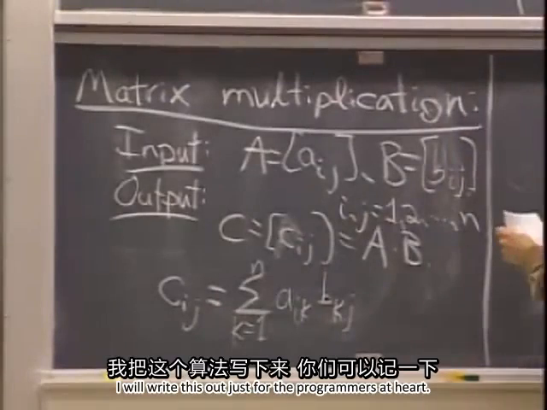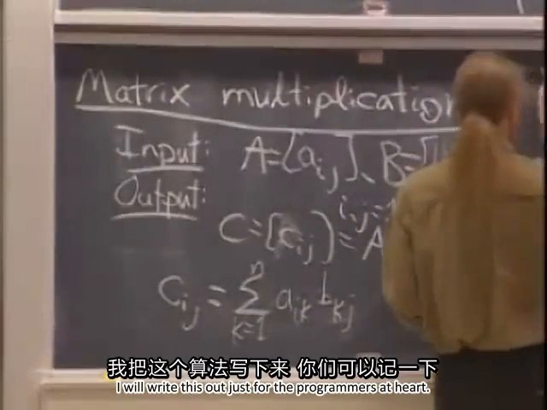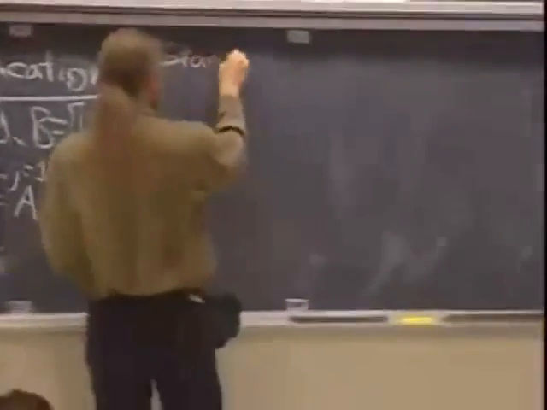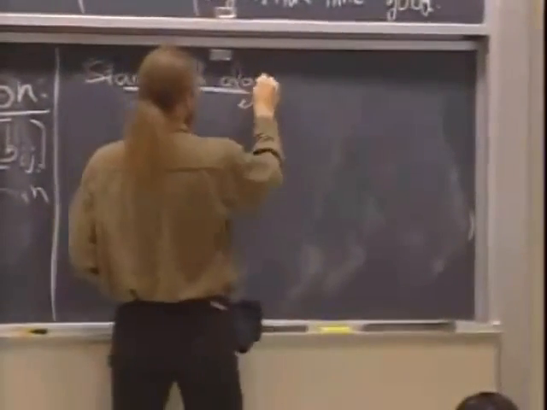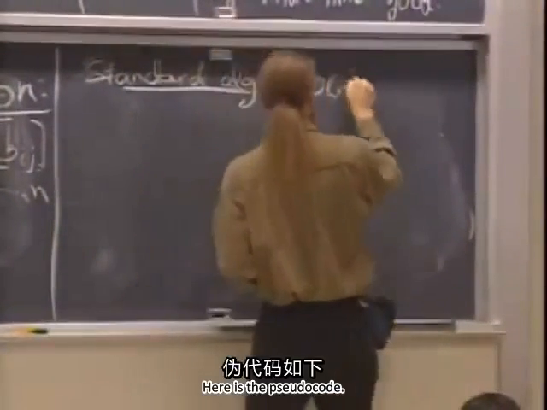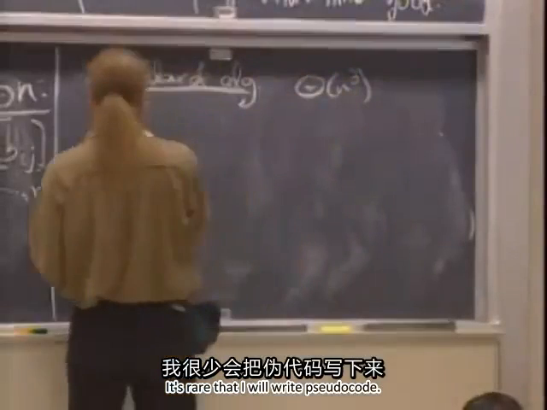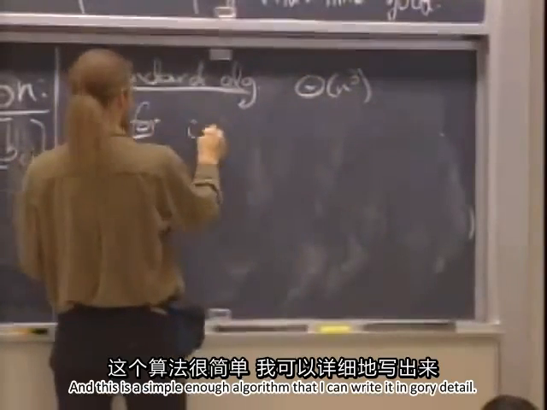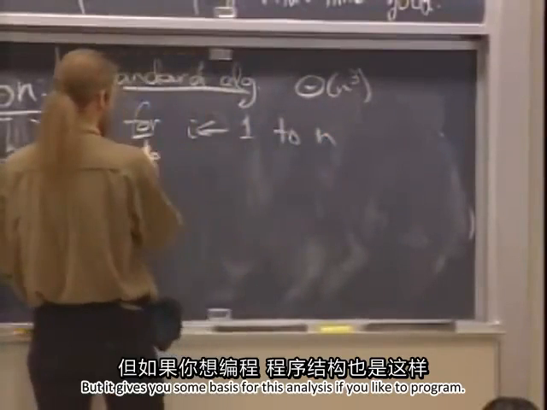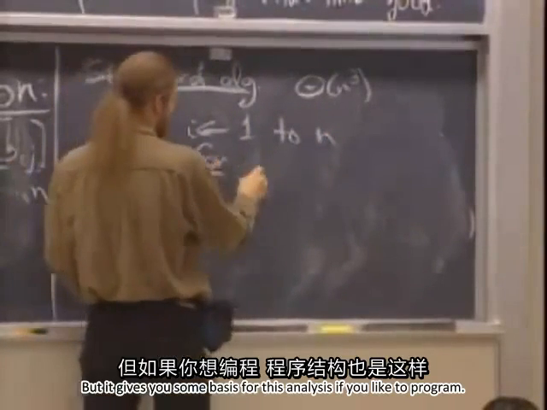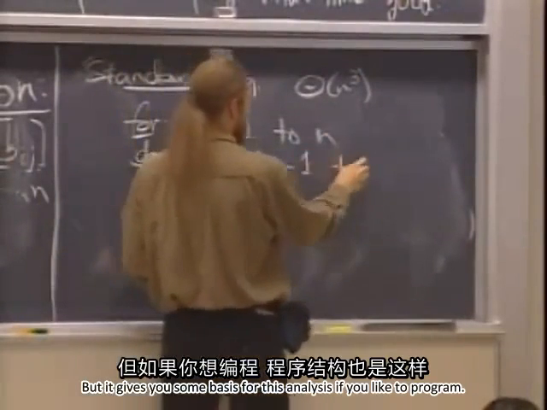We write this out just for the programmers at heart. Here's the pseudocode. It's rare that I'll write pseudocode, and this is a simple enough algorithm that I can write it in gory detail. But it gives you some basis for this analysis if you like to program.